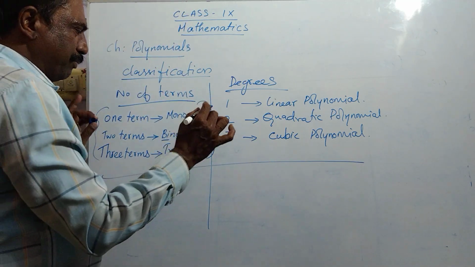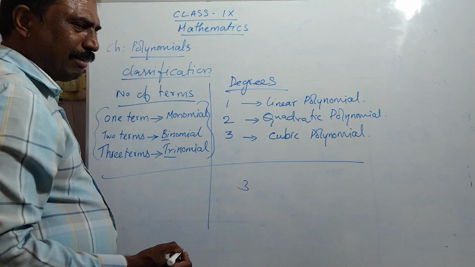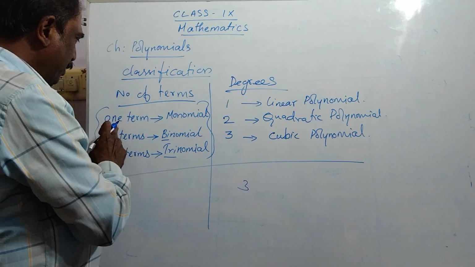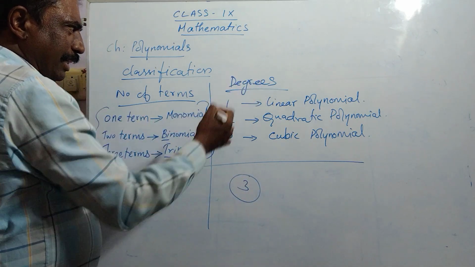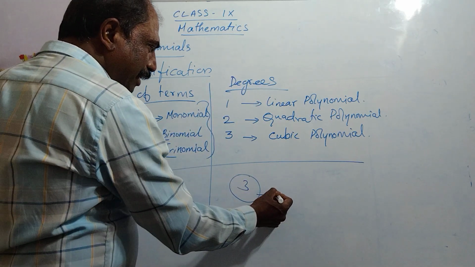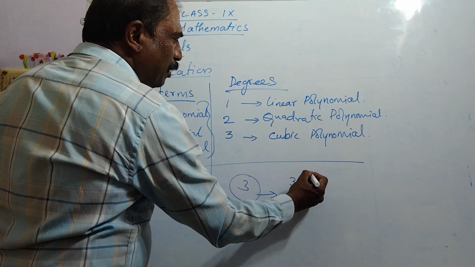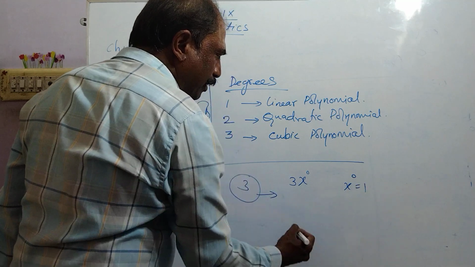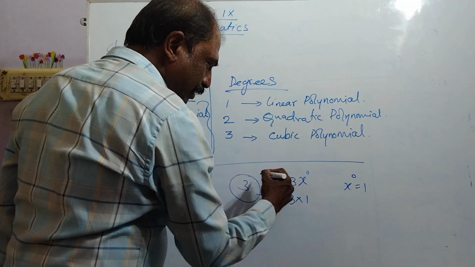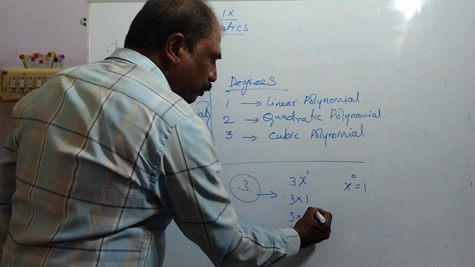Suppose there is only one number in an expression, say 3. It is only one number, so it has one term. What is the degree of this? We can write 3x power 0, because x power 0 equals 1. So 3 into 1 is 3 only. So 3 into 1 means 3 into x power 0.